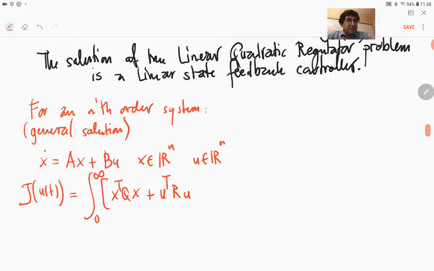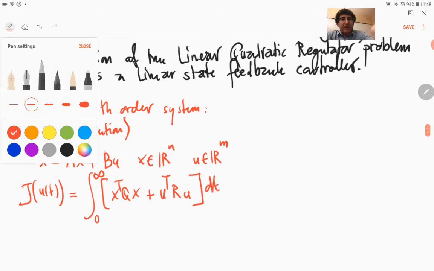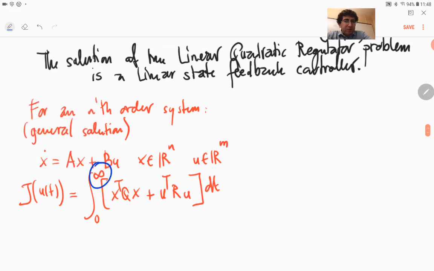In fact, let me make u also the general case, which is R to the power m. Okay, so that u transpose R u is also a vector matrix expression, dt.